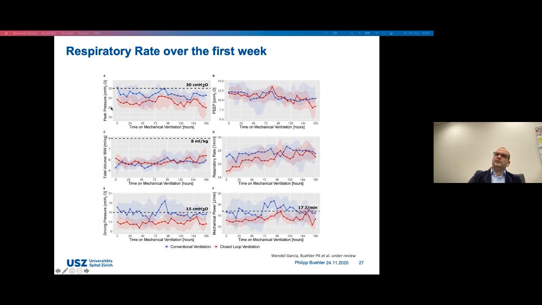You see here peak pressure in the first week, and you see the PEEP, the respiratory rate, the tidal volume, the driving pressure, and the mechanical power. The blue line is the conventional ventilation group, and the red line is the closed loop ventilation group.